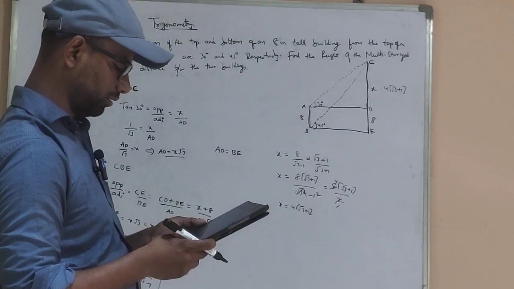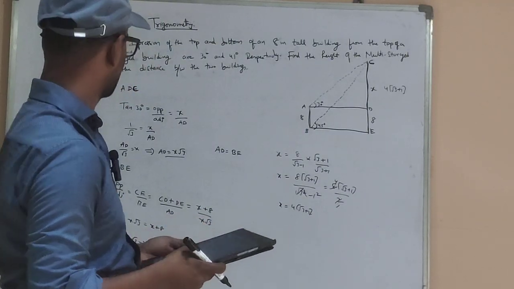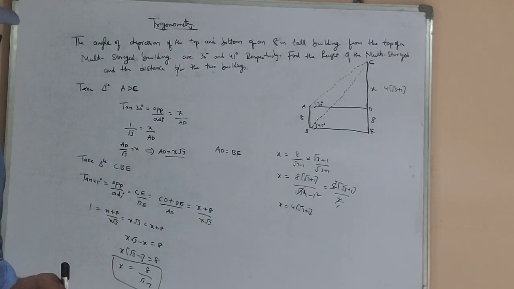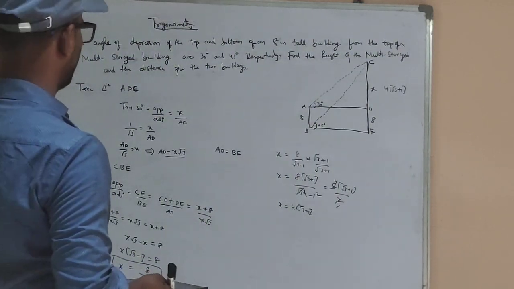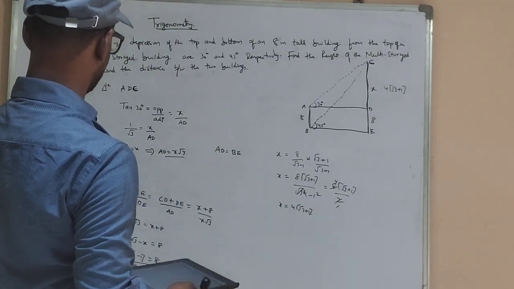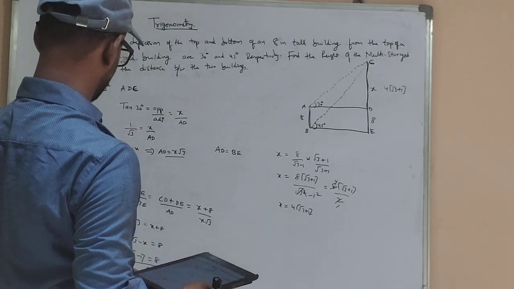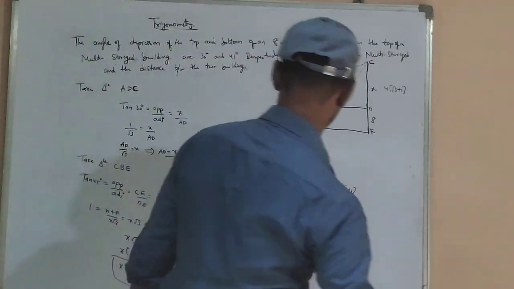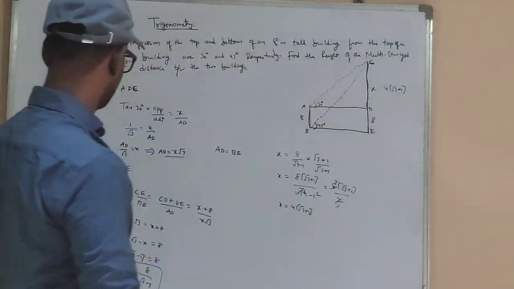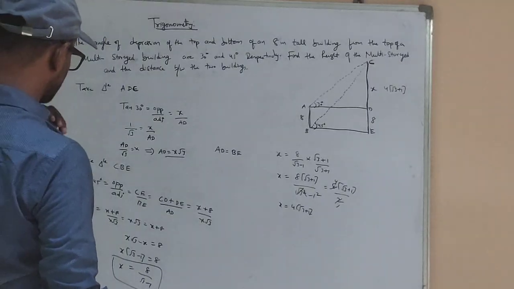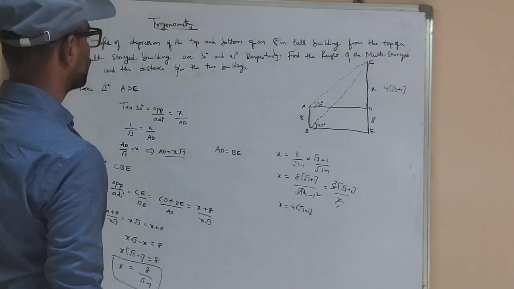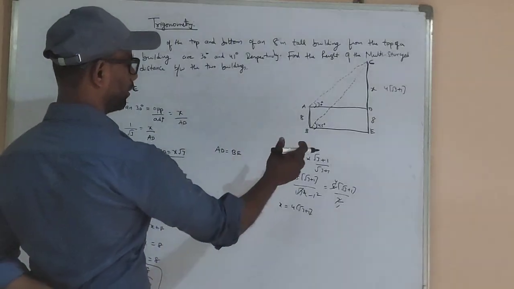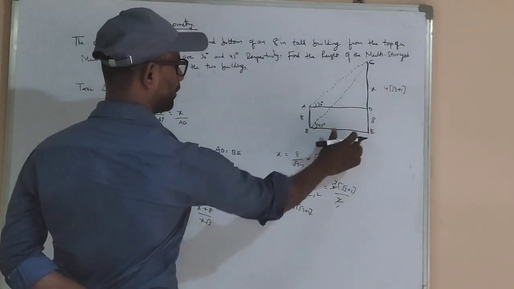Next, the distance between the two buildings is AD, or BE.